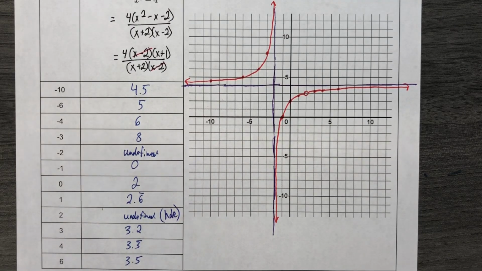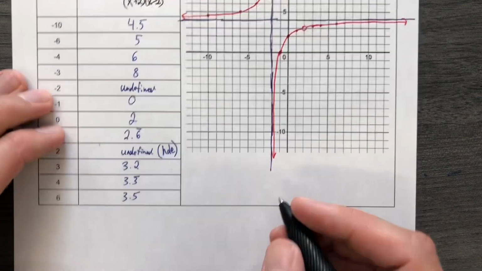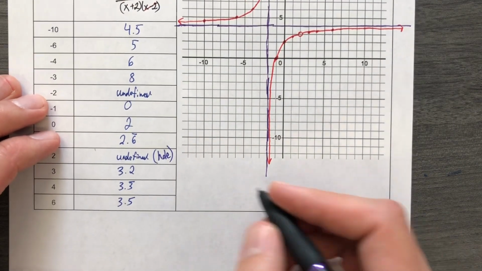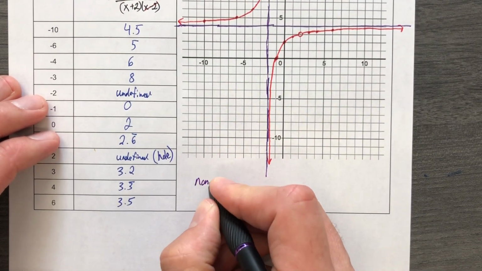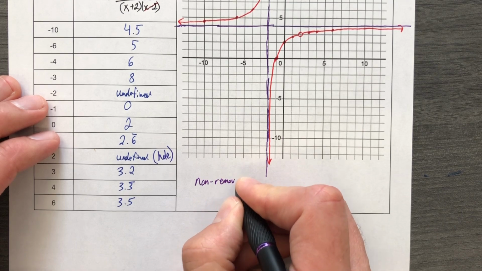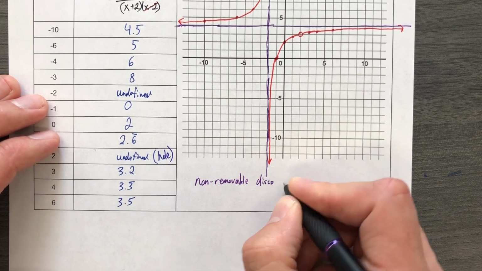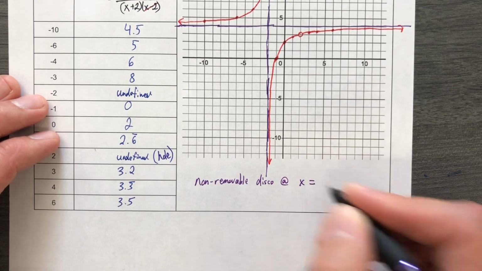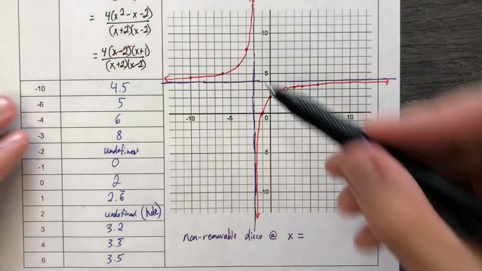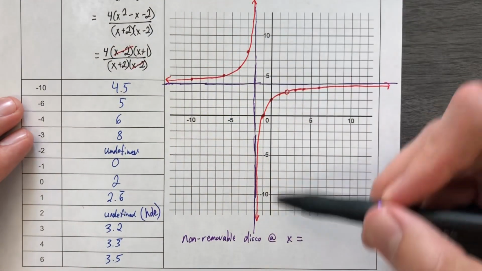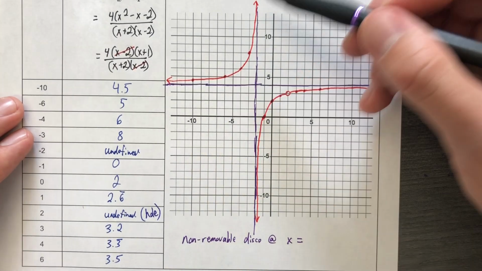We have 2 discontinuities. Let's talk about them. There is, and I'm going to start abbreviating here, a non-removable discontinuity at x equals, okay, so you're driving down the road, what in the world just happened? You slipped into another dimension.